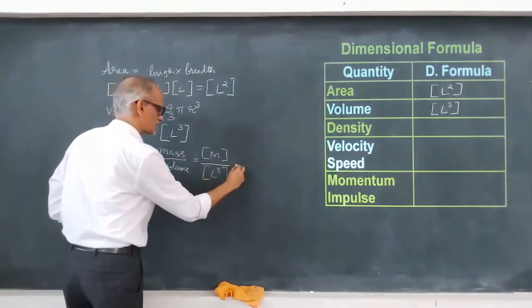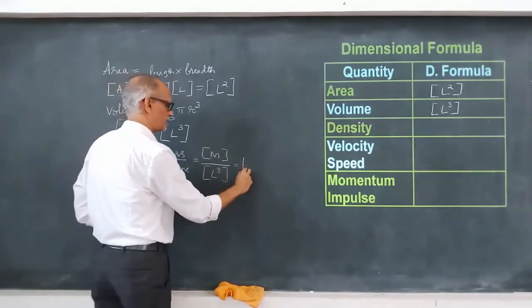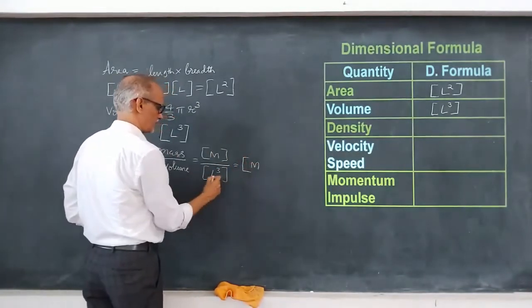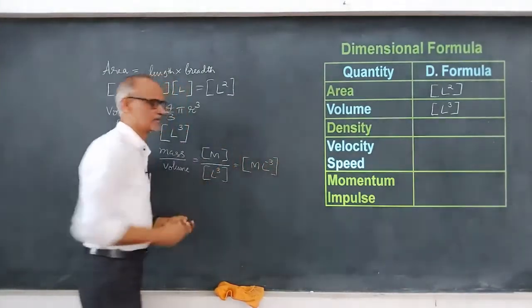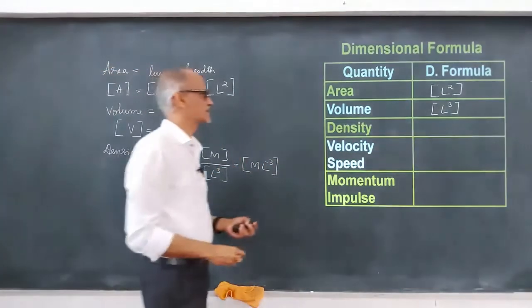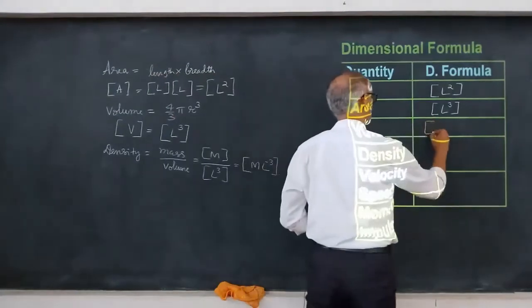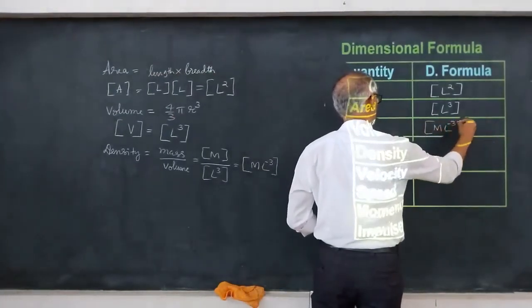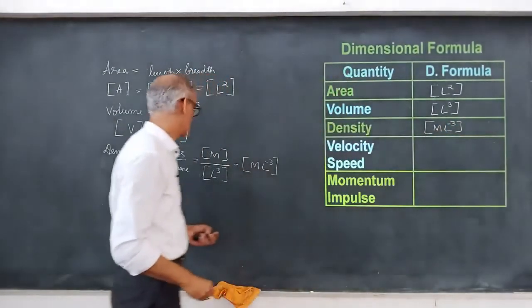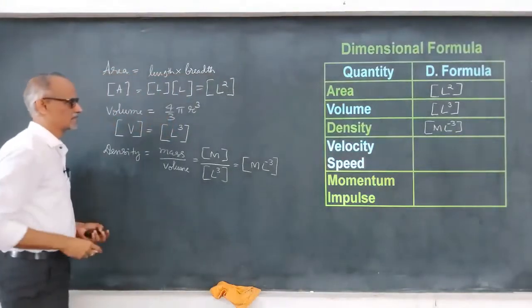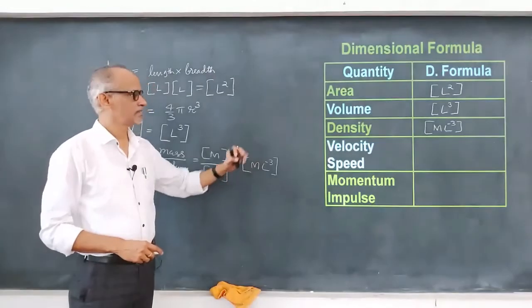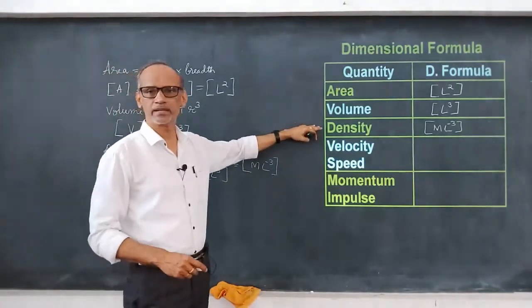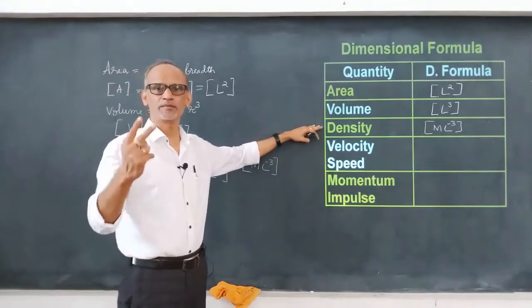Now you simplify this. Take L to the numerator. It becomes M L to the power minus 3. So that is the dimensional formula of the density. What is the dimensional formula of density? M L to the power minus 3. Density is equal to mass by volume. Now again you can see that density depends on two fundamental quantities.